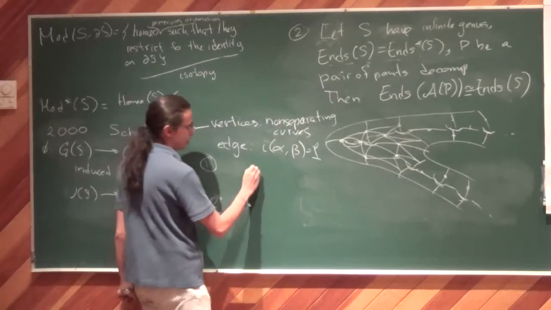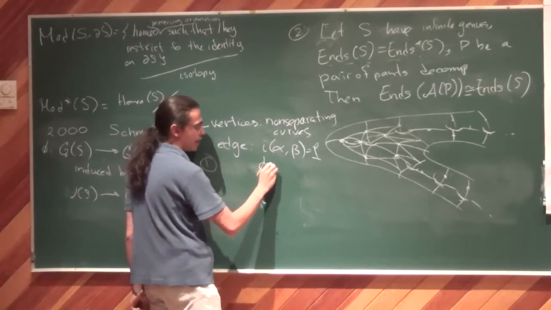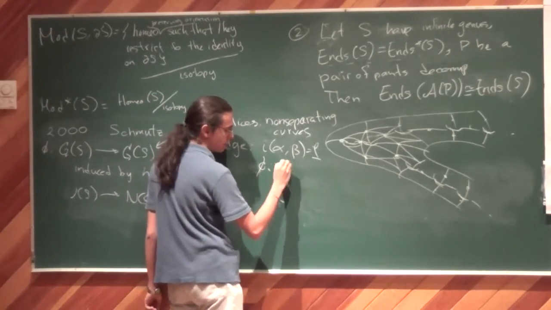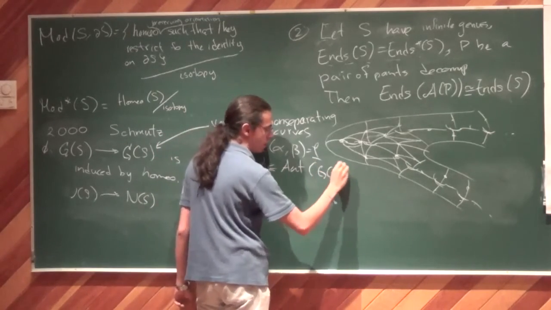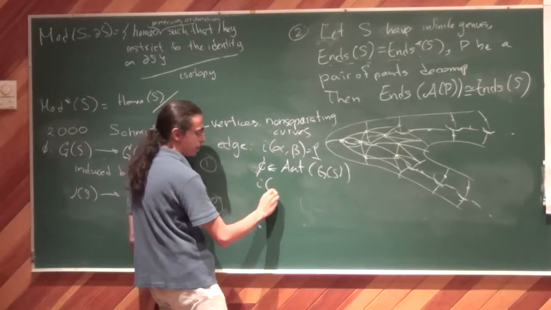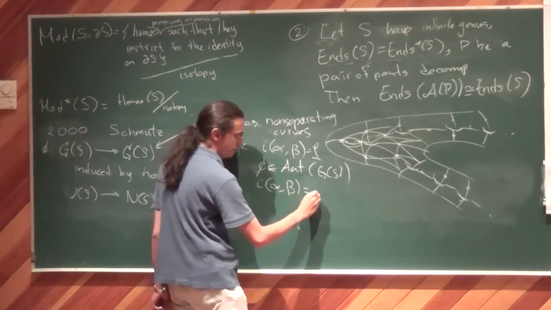We proved that if phi is an automorphism of the smooth graph, then it preserves intersection number.